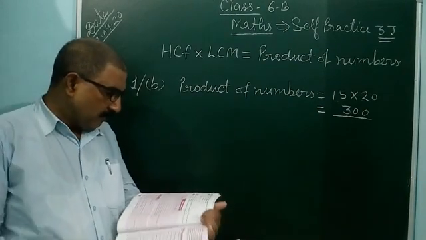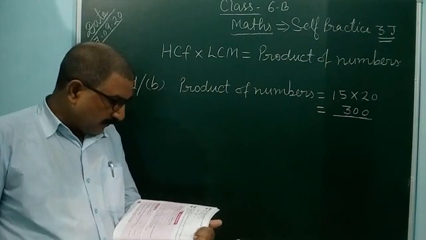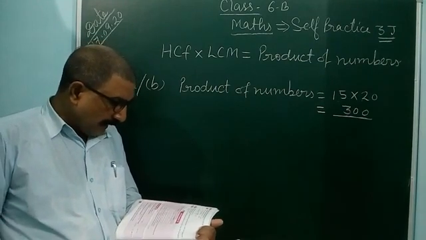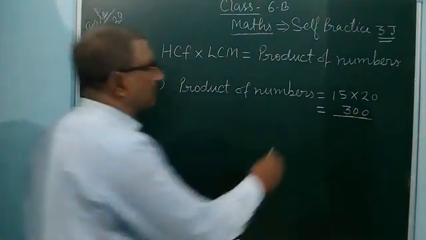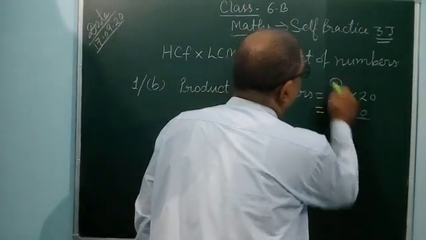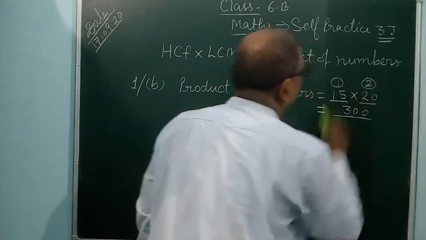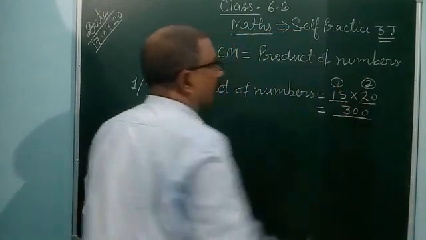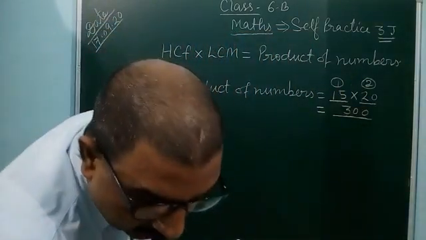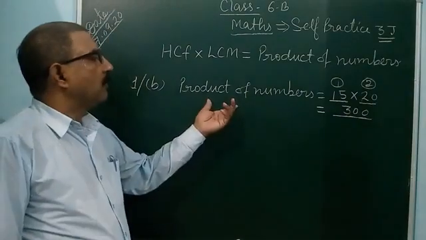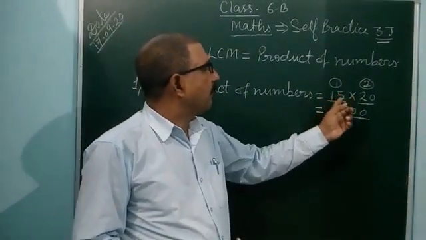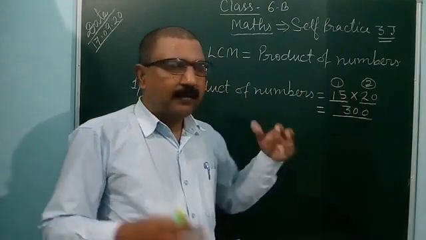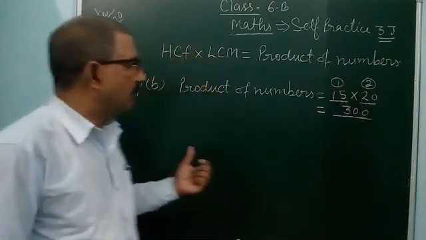So you find out the HCF of 15 and 20 and the LCM of 15 and 20. This is the first number and this is the second number. This is column 1; to fill column 2, you find out the HCF of 15 and 20 and also the LCM of 15 and 20.